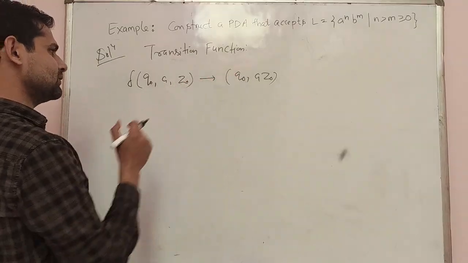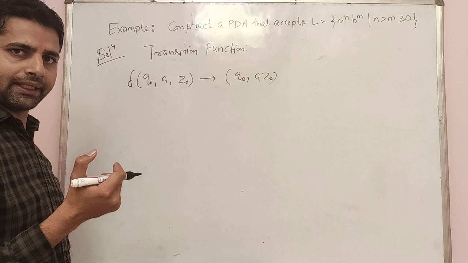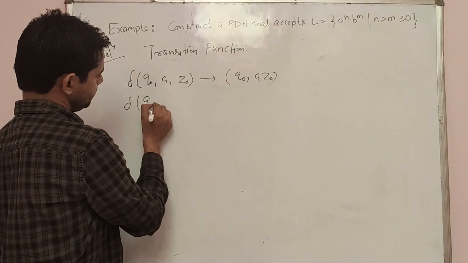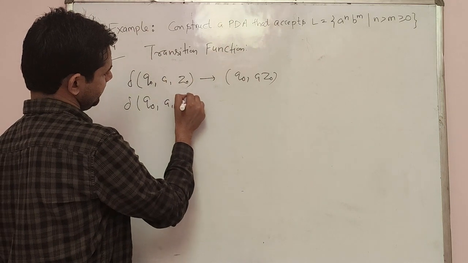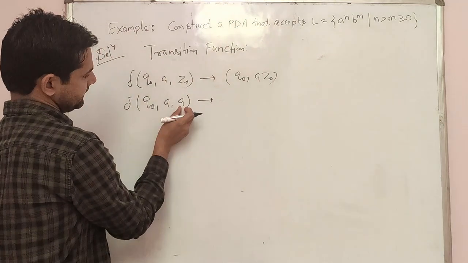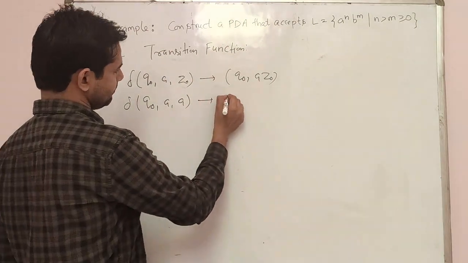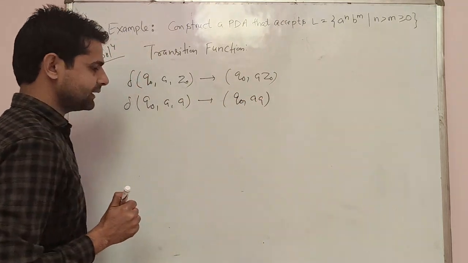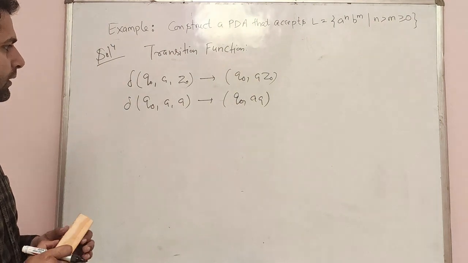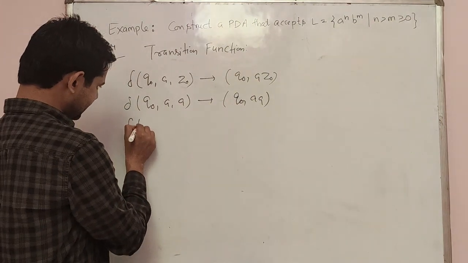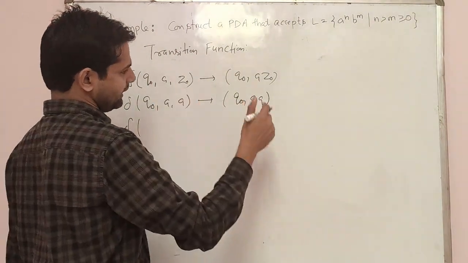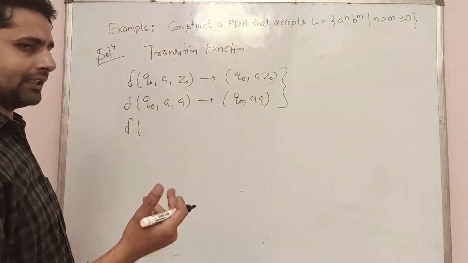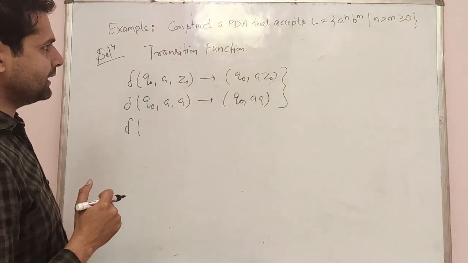By using that transition function, we can add a single A in the stack. Similarly for Q naught, A, with A on top of the stack and input symbol A, we move to the same state and just add the A in the stack. After that, all the A's are added by using these two transitions. We can add any number of A's, right?